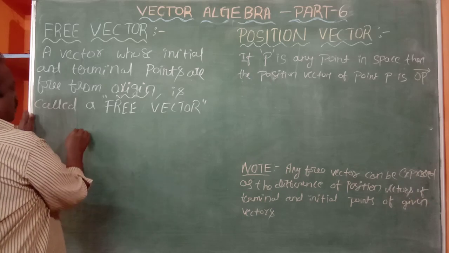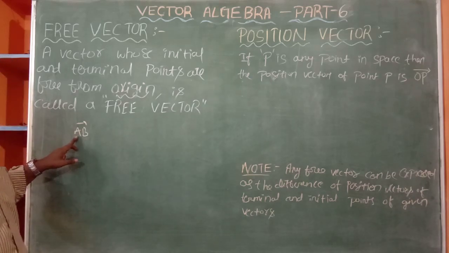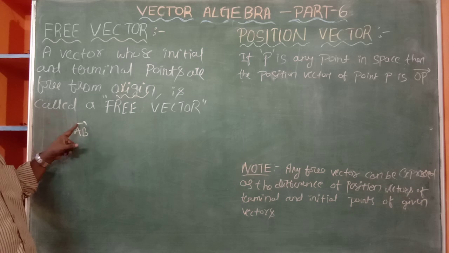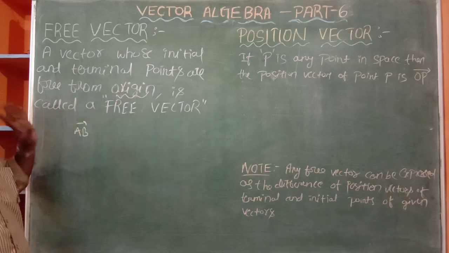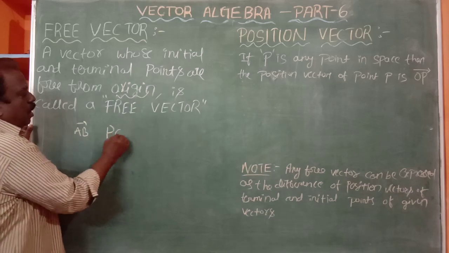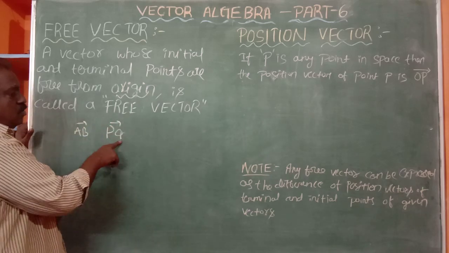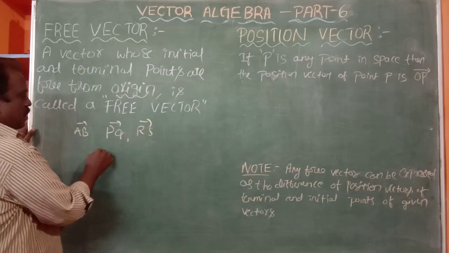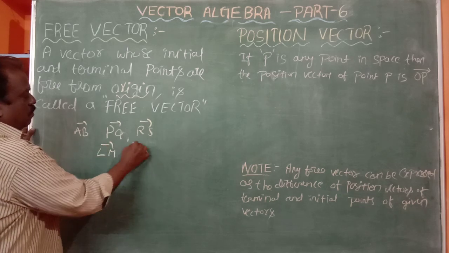That means for a vector AB bar, here A and B are the initial and terminal points, and these are not the origin O. Or PQ bar: P is free from origin, Q is free from origin. RS bar, LM bar, similarly CD bar, like that.